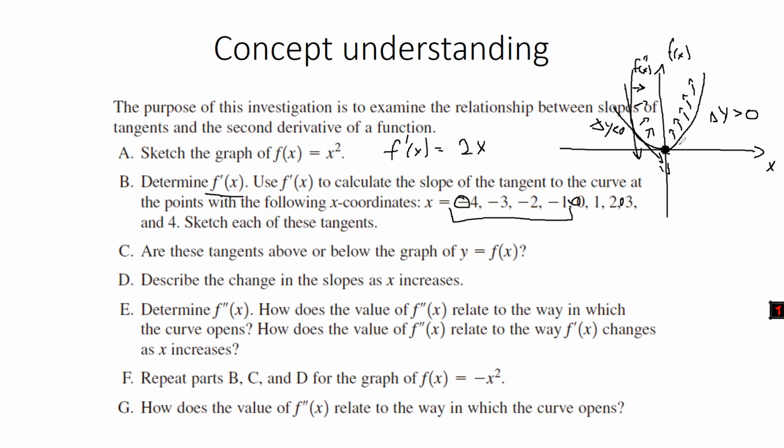So tell me, what would be the sign of the slope of a tangent line to this curve to the left from 0 and to the right from 0? Whether it's going to be positive or negative to the left-hand side from 0 and to the right-hand side from 0.